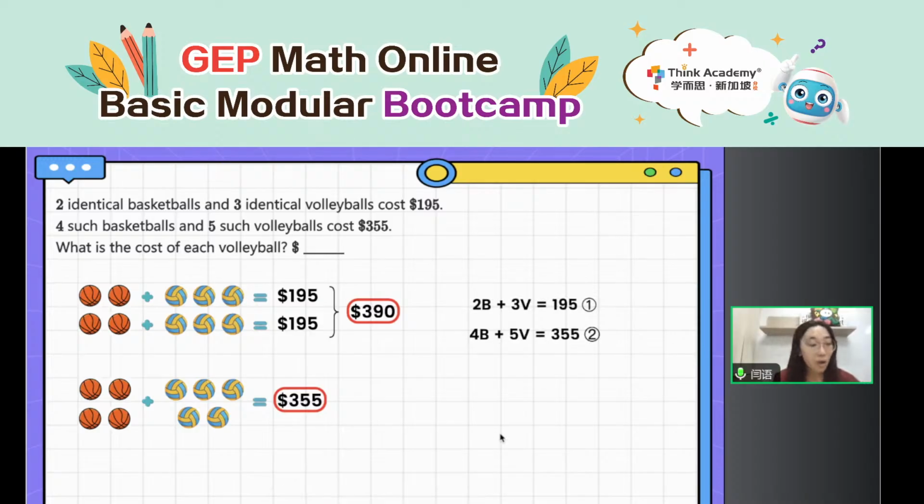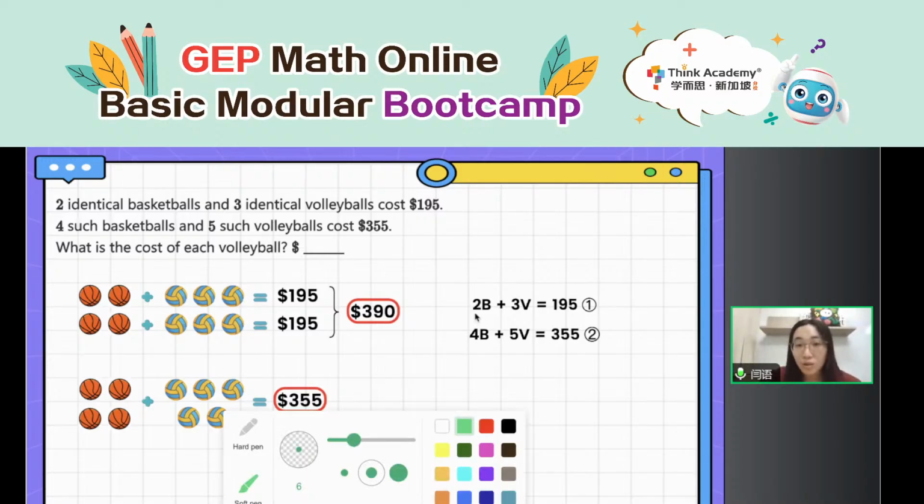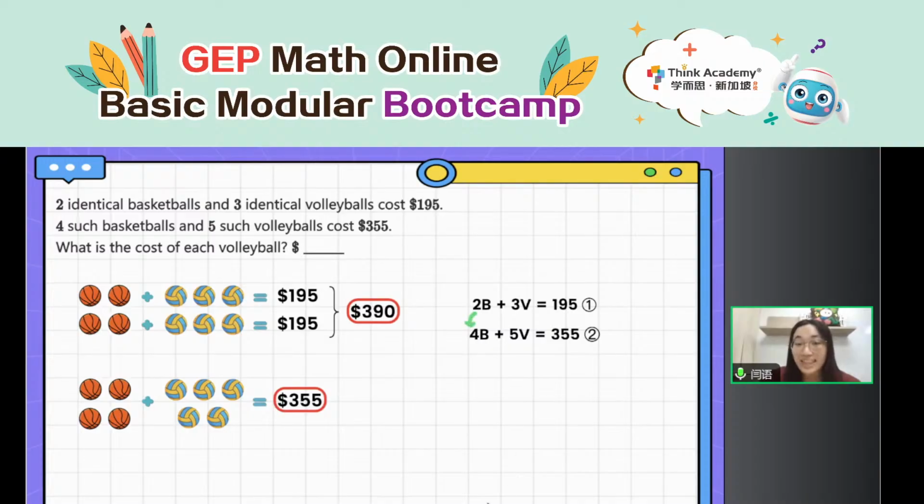Well, firstly, according to the question, we can get two equations. 2b plus 3v equals 195. Yes, and then 4b plus 5v equals 355. And just now, what did we do? We wanted to turn 2 into 4, right? That is, for the first equation, you must multiply it by 2.